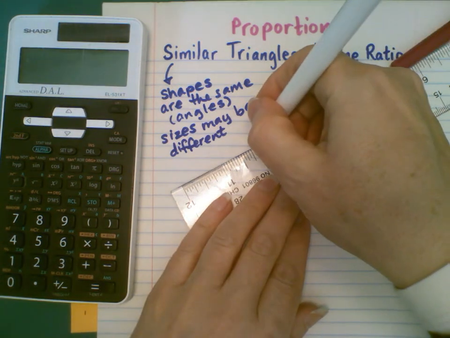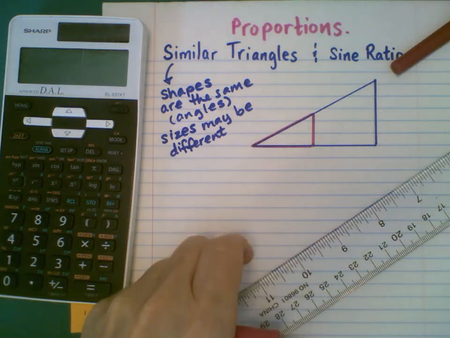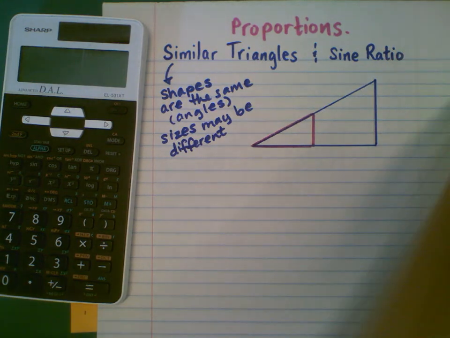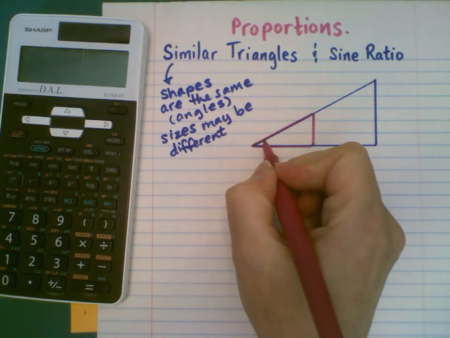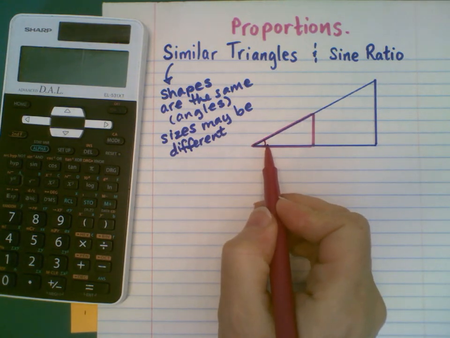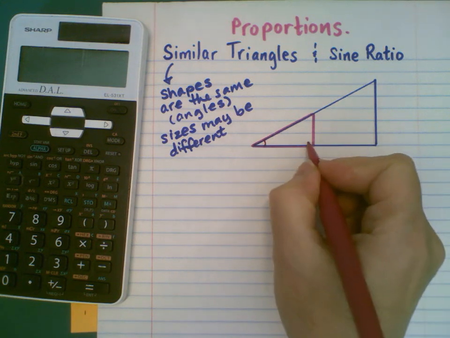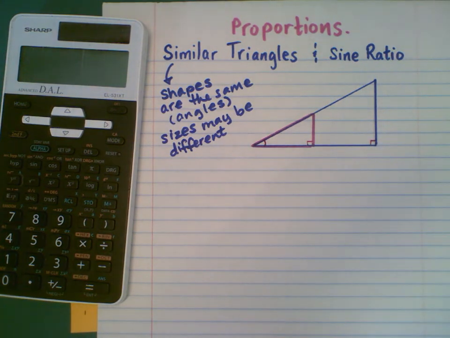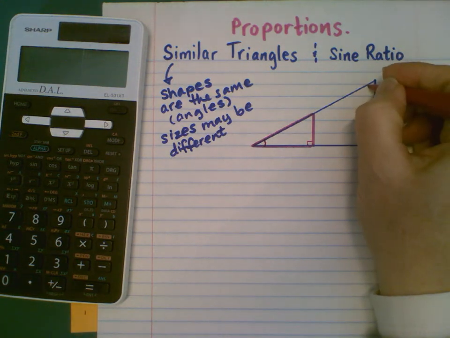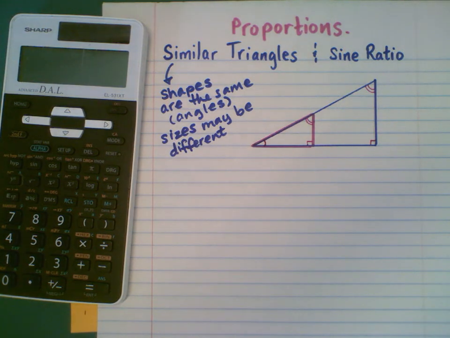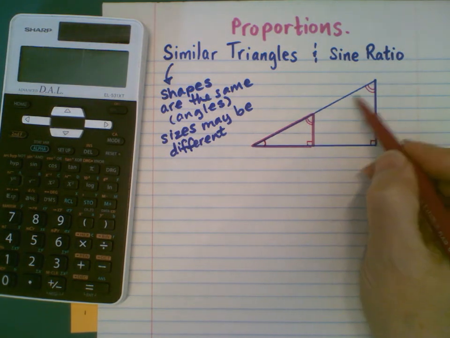Like this. So these would be considered similar triangles because they both have an acute angle down on this left-hand side that is the same size. They both have a right angle, and they both have this third angle, which is also acute, but those are the same size.